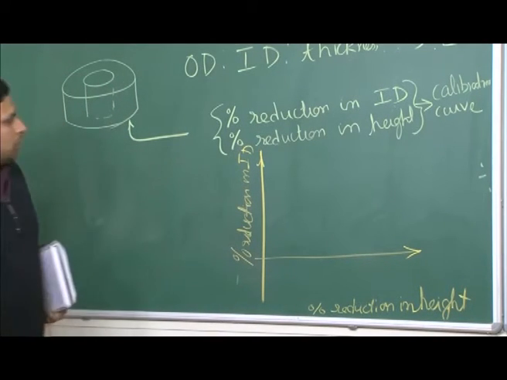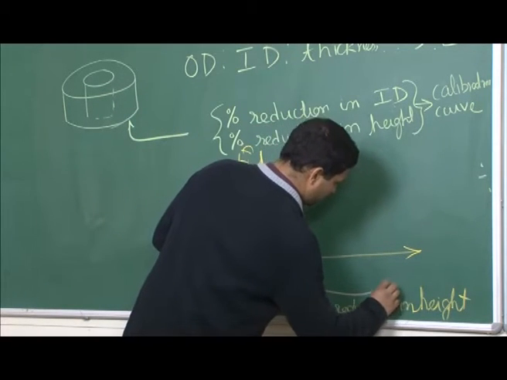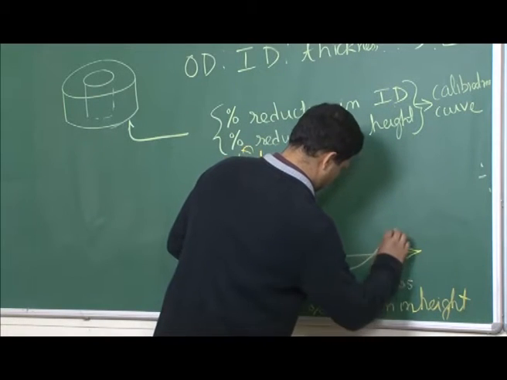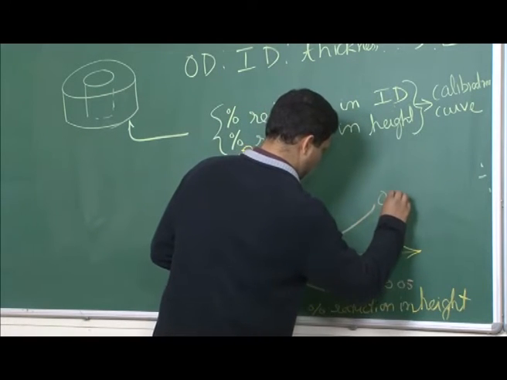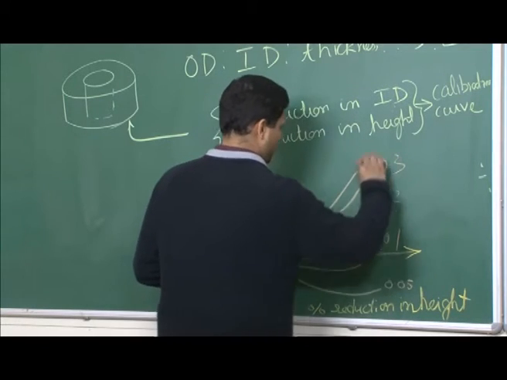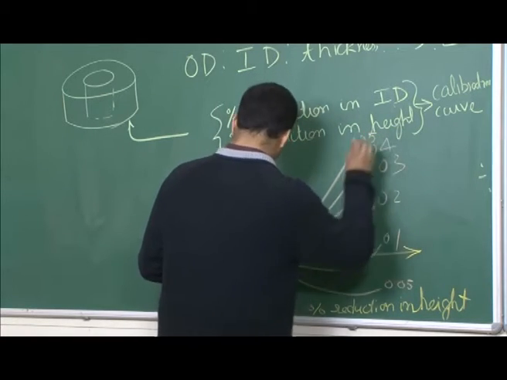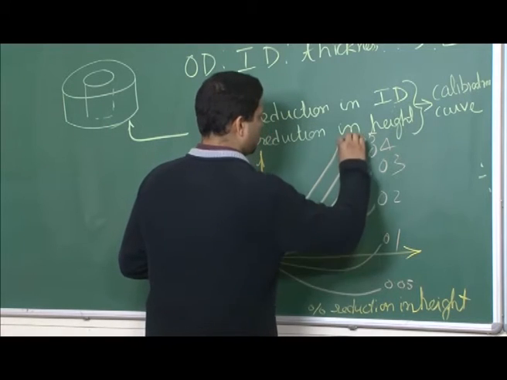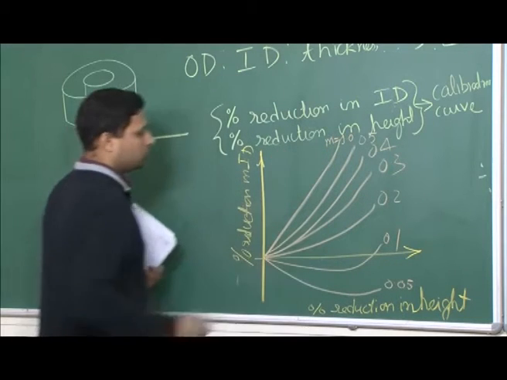Now, it has plots something like this. And so on. You can keep on going like this, and you can get up to m equal to 1.0.